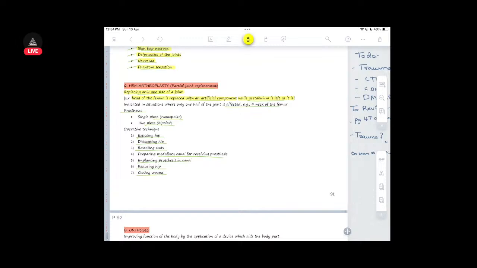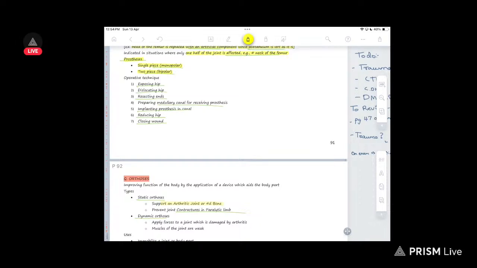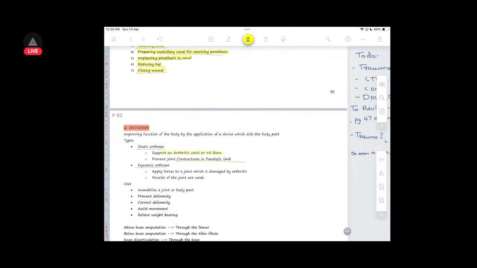It is indicated where only one half of the joint is affected, for example fracture of neck of femur. The prosthesis can be single piece, monopolar, or two piece, bipolar. Operative technique: expose the hip, dislocate the hip, resect the ends, prepare the medullary canal for receiving the prosthesis, implant the prosthesis in the canal, reduce the hip and close the wound.